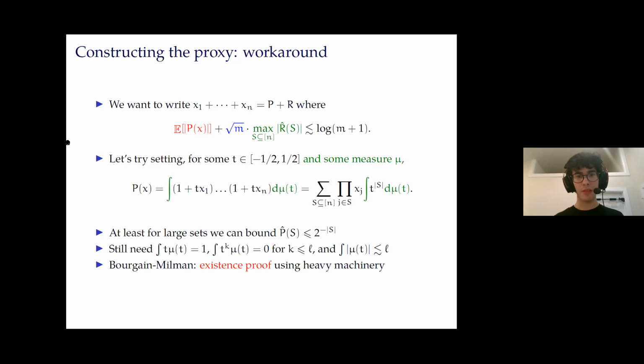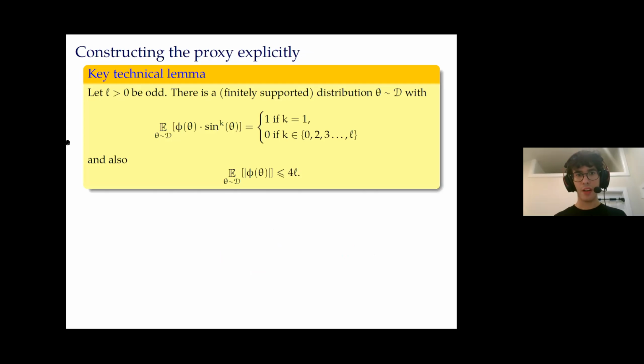Okay, so how did we actually construct this mu? Instead of powers of t, we reparameterize and take powers of sine, which ends up being equivalent, but makes it easier for us. What we find is that we can construct a finitely supported distribution for which the powers of sine match the linear term nicely.